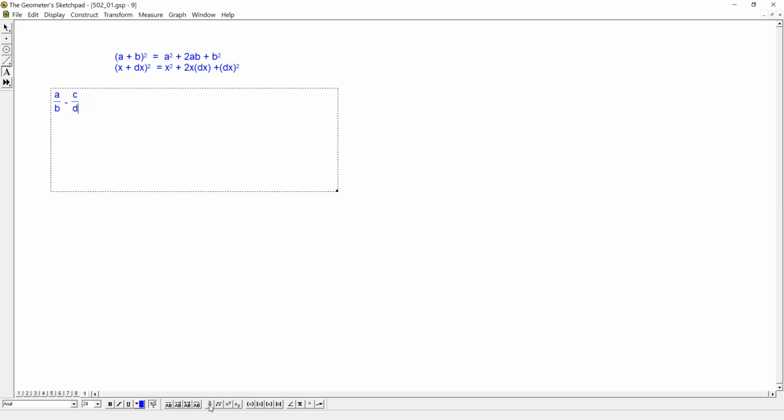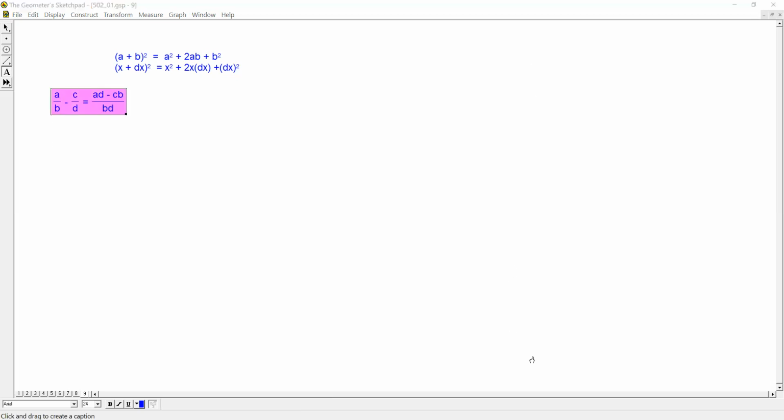Do you know how to do this? What is this equal to? What is at the denominator? What is at the numerator? Do you know what I am writing here?